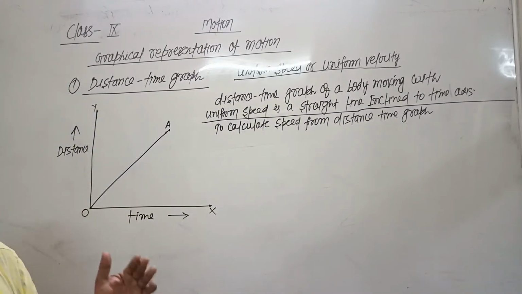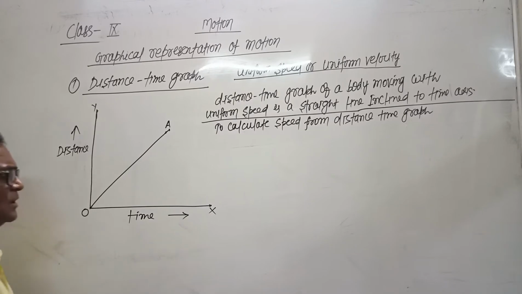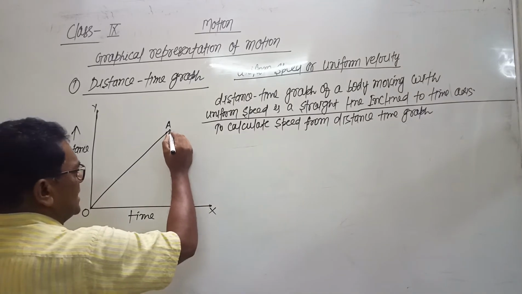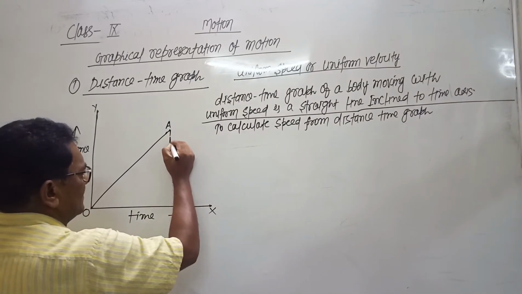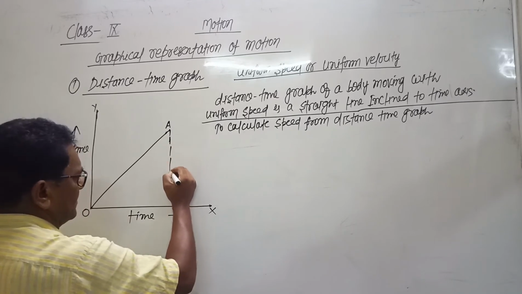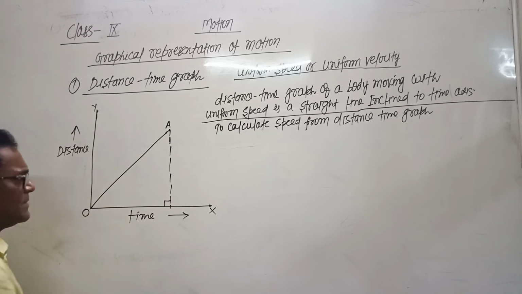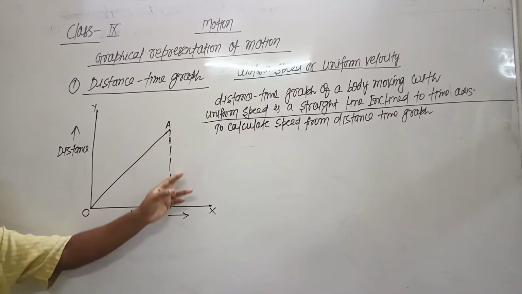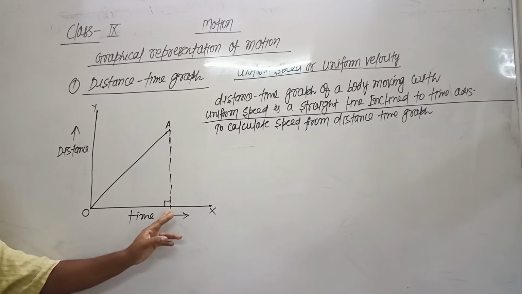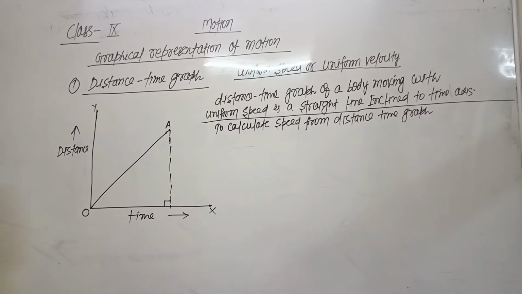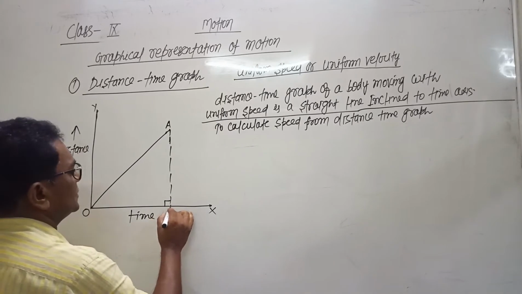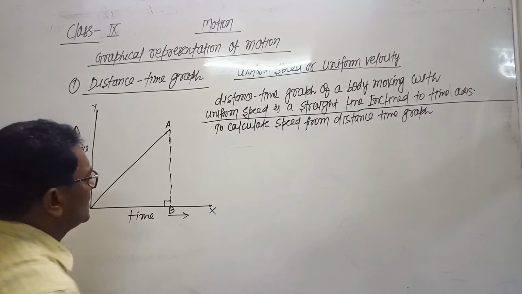So how do we calculate the speed? Firstly, we will have to draw a perpendicular from A to the time axis and name that point B.